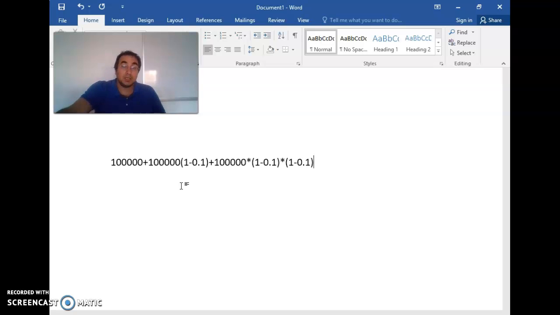So now a new amount of money is added to the economy, and this new amount is 100,000 times 1 minus 0.1 times 1 minus 0.1, or 1 minus 0.1 squared.